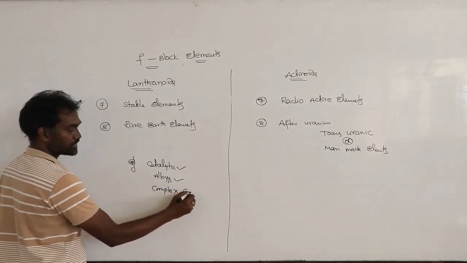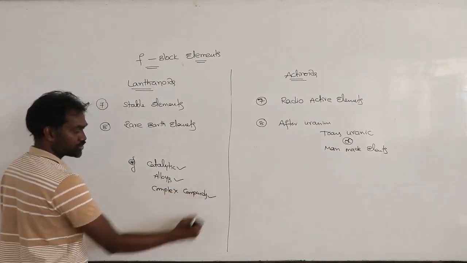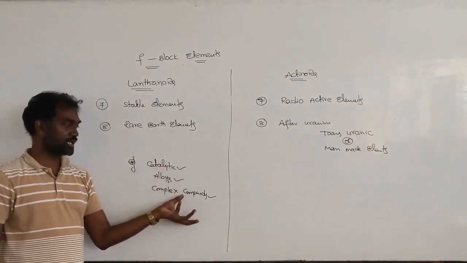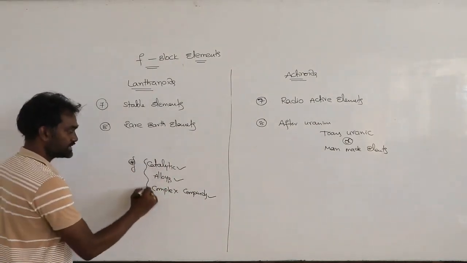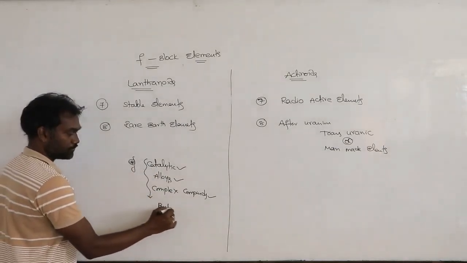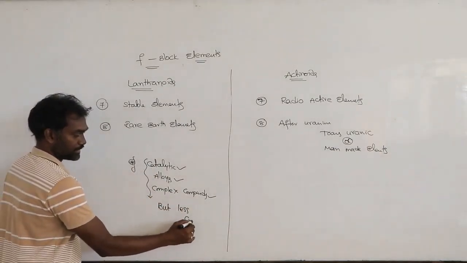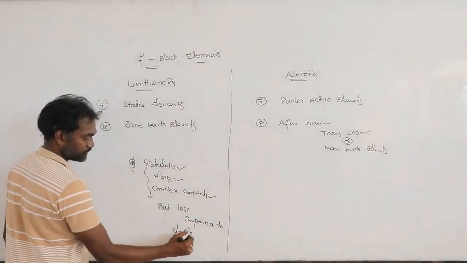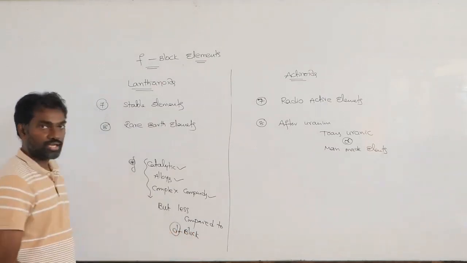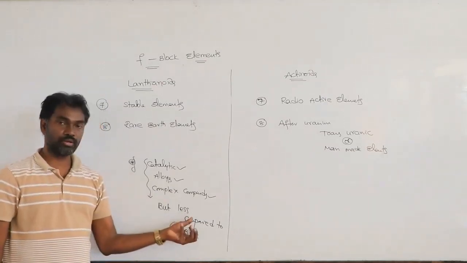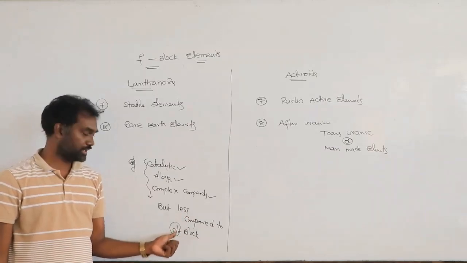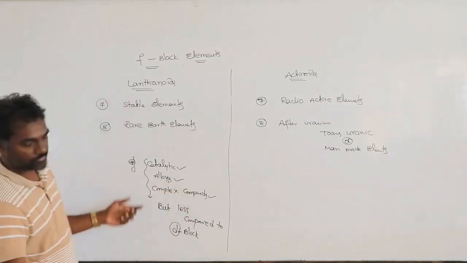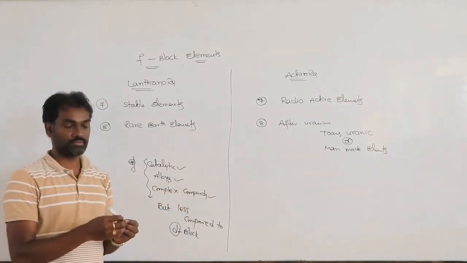Complex compounds also form. The F block also shows the same properties that D block elements show, but these are very small compared to the D block. So these are the main important points of the F block.